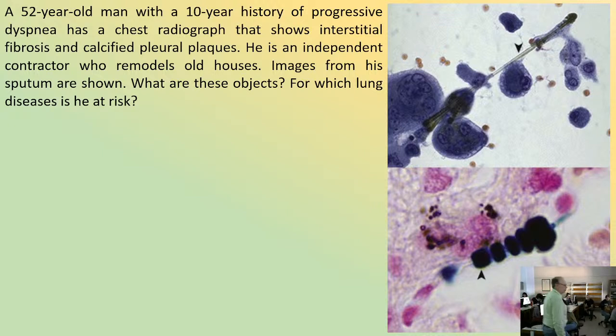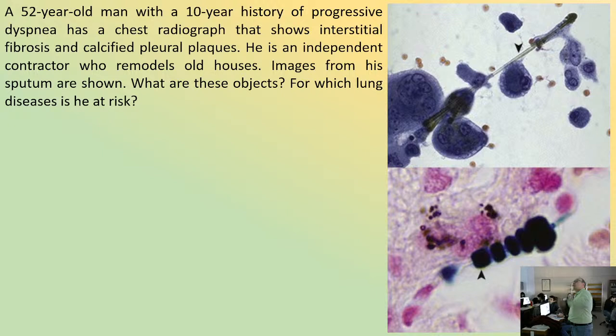Okay? So, today we'll continue our study of restrictive lung diseases of known etiology. That means we know the factor that causes fibrosis. And here is the first case where we have these peculiar, strangely shaped fibers.